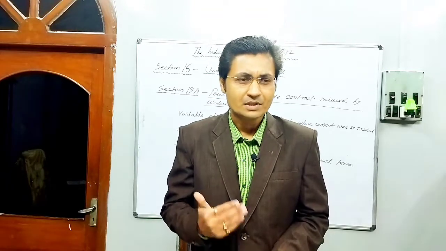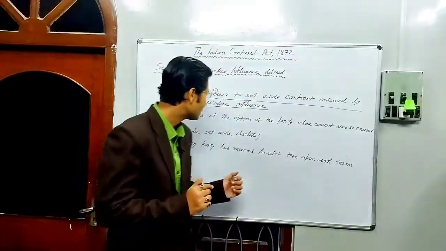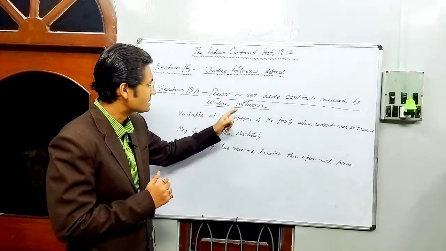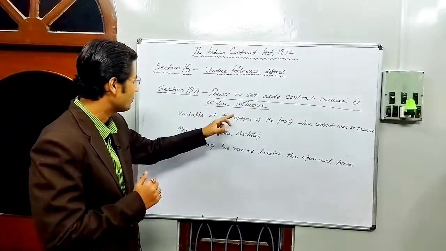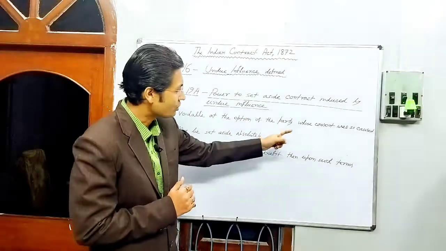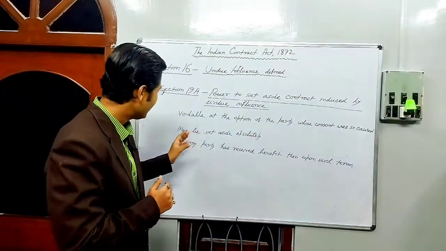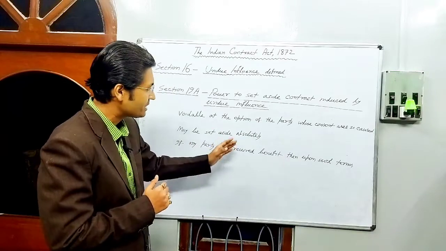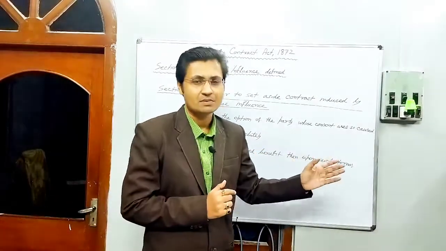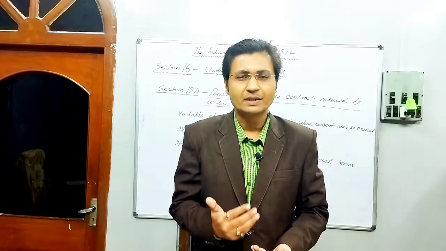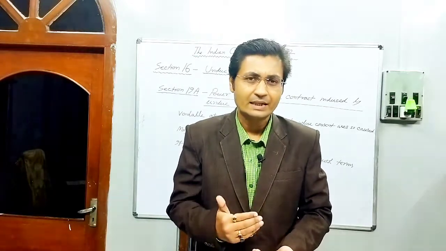Now, I am discussing the section first, that is, the power under section 19A to set aside a contract induced by undue influence. It is voidable at the option of the party whose consent was so caused, and it may be set aside either absolutely, or if any party has received any benefit, then upon such terms. Now, let me discuss the two illustrations mentioned in section 19A itself.